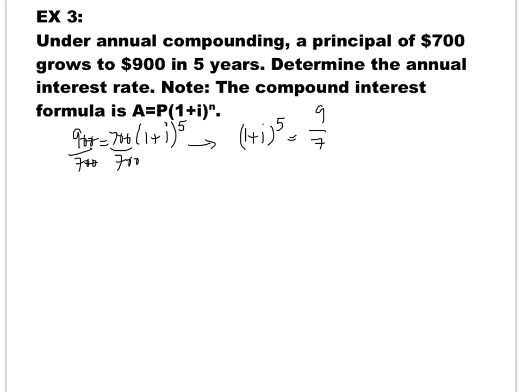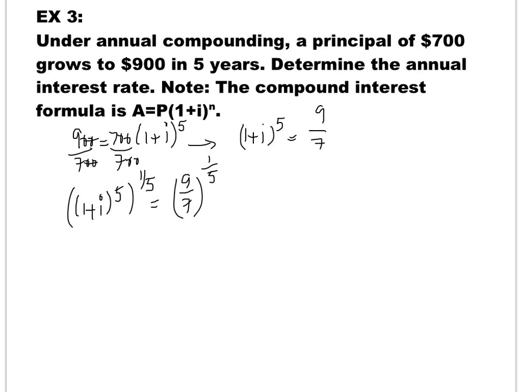Now, I have exponent 5 here. To get rid of 5, I'm going to raise both sides to exponent 1 over 5. So I get (1 plus I) exponent 5, exponent 1 over 5, is equal to 9 over 7 exponent 1 over 5.